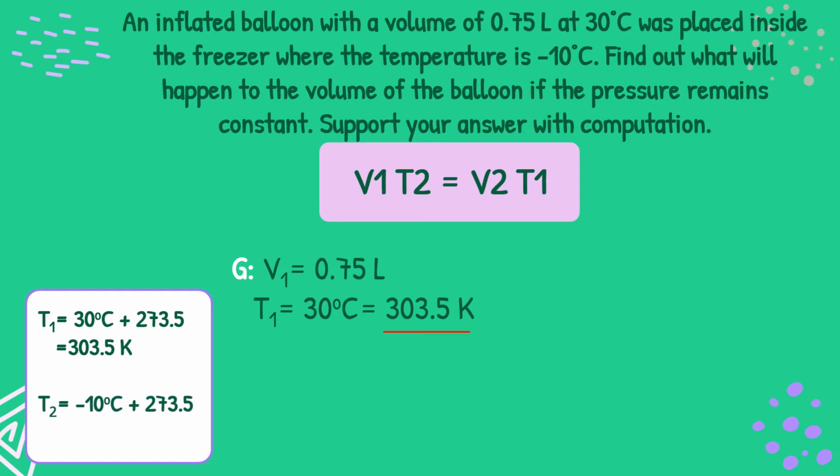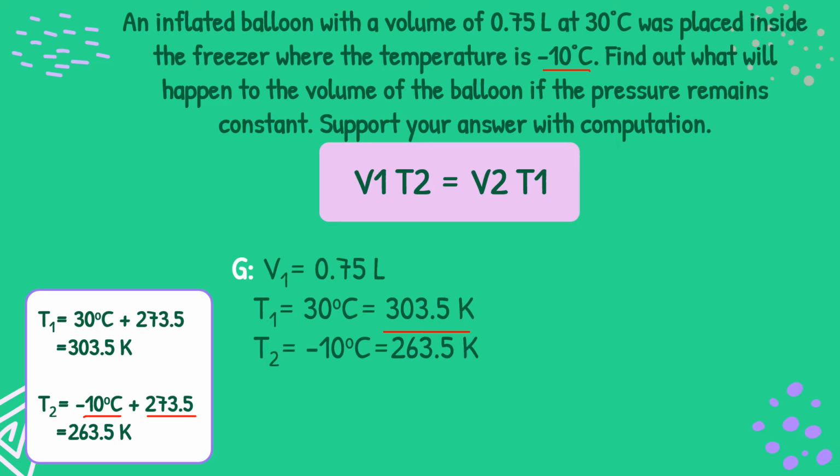Next, we also have the final temperature, which is negative 10 degrees Celsius. Now we need to convert it into Kelvin. So we need to add negative 10 degrees Celsius to 273.5 to get the Kelvin amount of negative 10 degrees Celsius, and that would be 263.5 Kelvin. So our final temperature is 263.5 Kelvin.